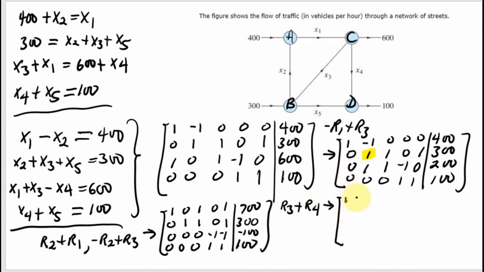Now when we do that, we have 1 0 1 0 1 700, 0 1 1 0 1 300, 0 0 0 0 0.